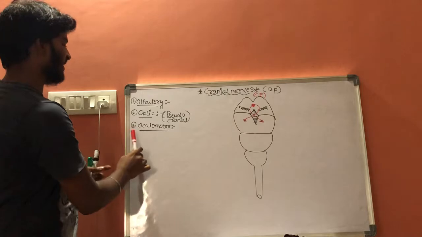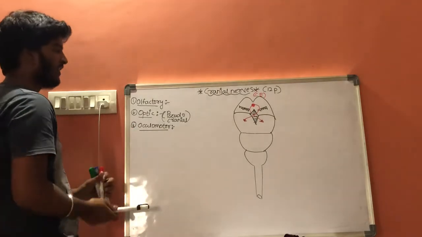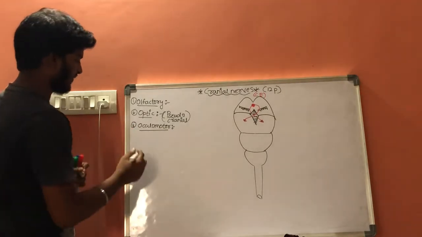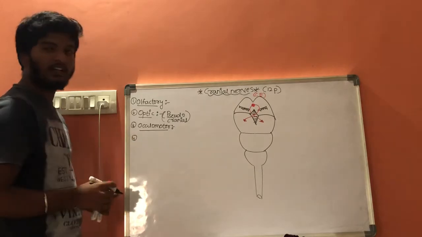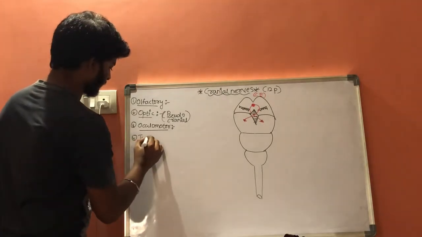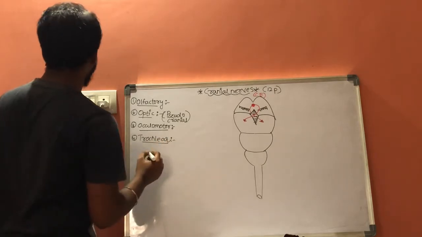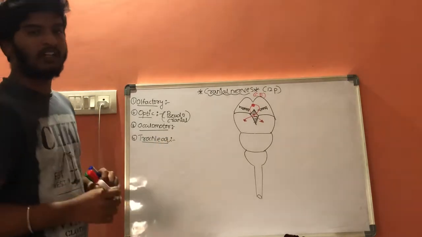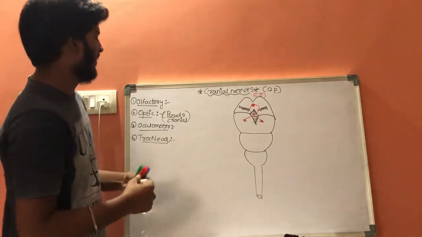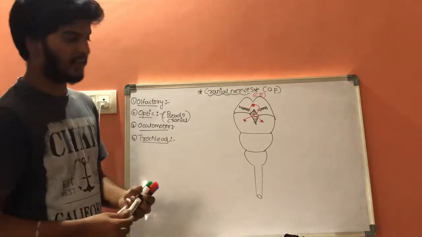Now, let us discuss the fourth type of cranial nerve, that is trochlear nerve. The fourth type of nerve is called trochlear nerve. Now, where is this trochlear nerve present?